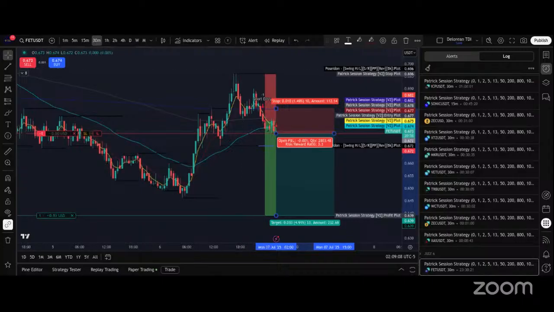Take profit is 0.639, and that's going to be for 33 pips. Stop loss is going to be 0.682, that's going to be for 10 pips. And entry price is going to be 0.672.